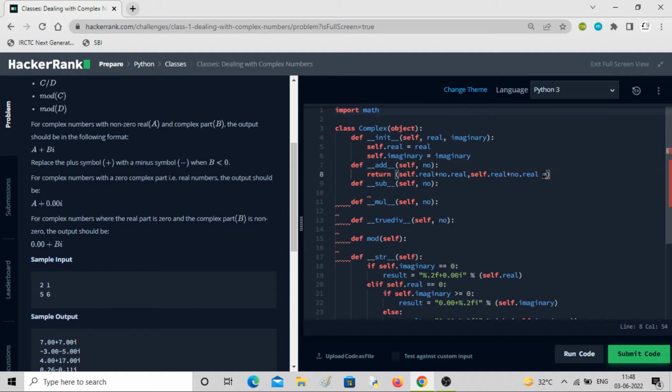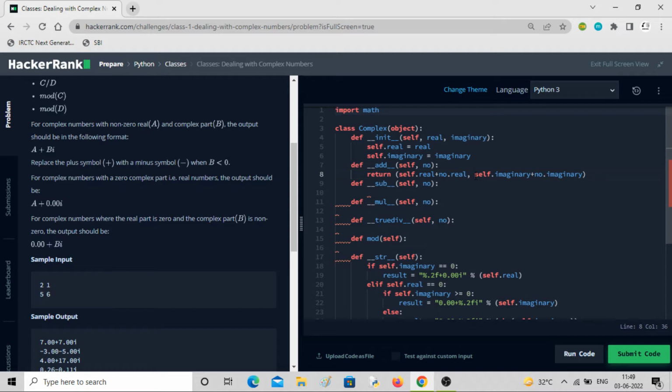So here I'll convert this into imaginary, and similarly here as well I'll convert into imaginary. This will give you xy coordinates.